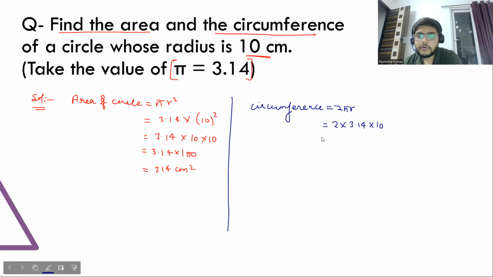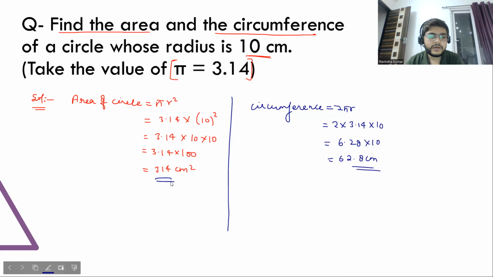Multiply 2 by 3.14, so it is 6.28 into 10, and multiplying by 10 again gives 62.8 centimeter. This is our circumference and this is our area. Got it? If we have the formula, it is very easy to calculate.